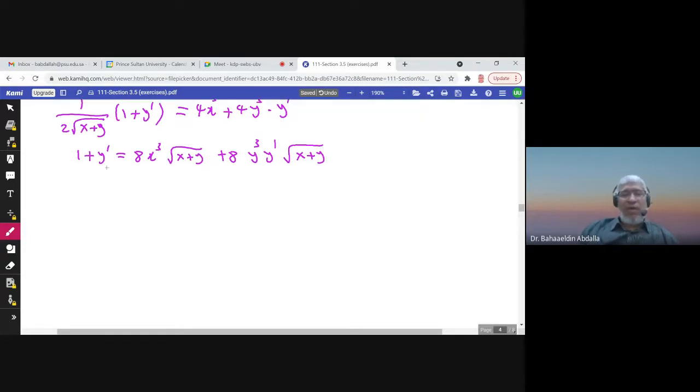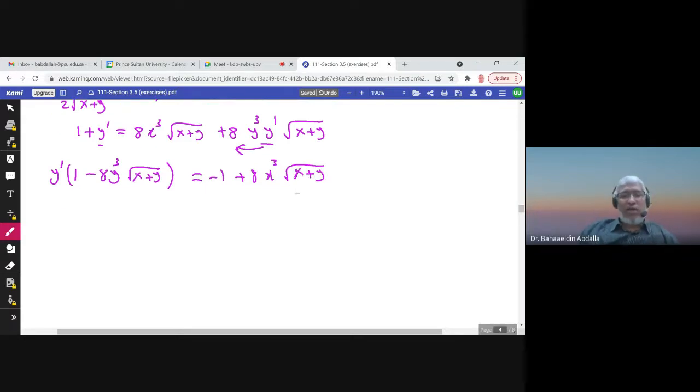And now I have y prime here and y prime here, so I'll take this term to the other side, and I'll take y prime as a common factor. So I have 1 here minus 8y cubed square root of x plus y. This would be equal to, this one will come here, so it would be negative 1 plus 8x cubed square root of x plus y.